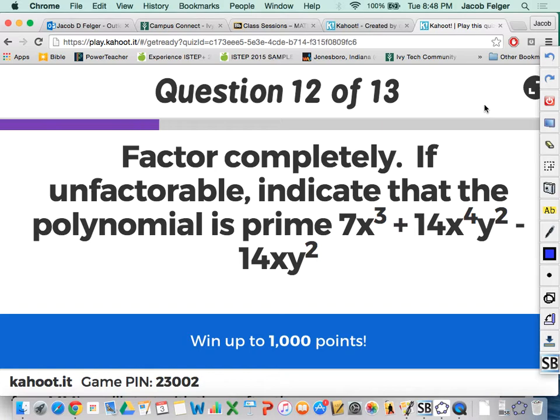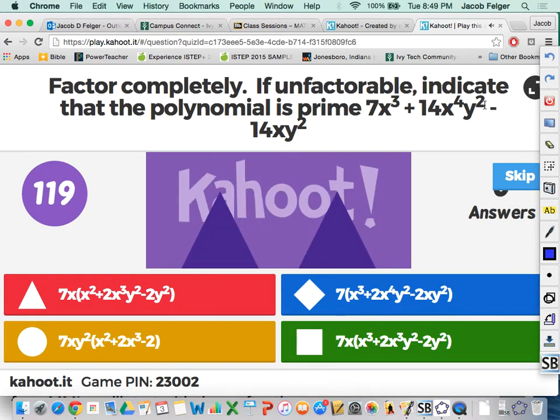Okay, factor completely. If unfactorable, indicate that the polynomial is prime. So this is the language that they use in the test. I just want to use the same language. This means factor out the GCF.